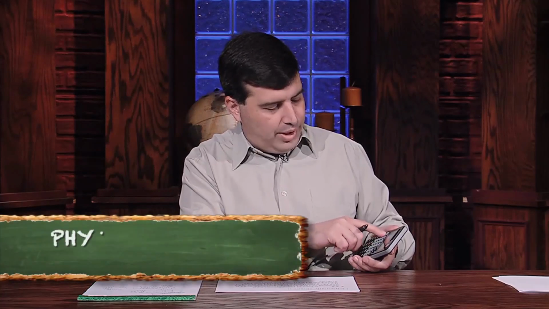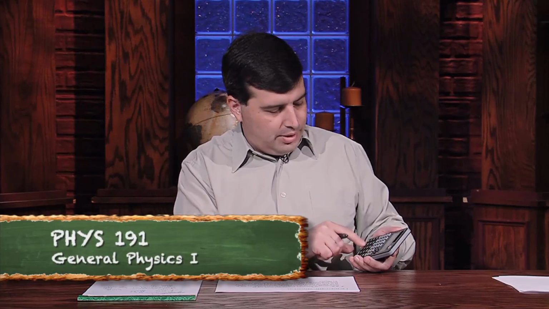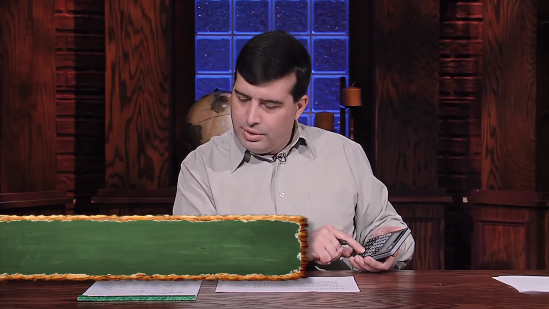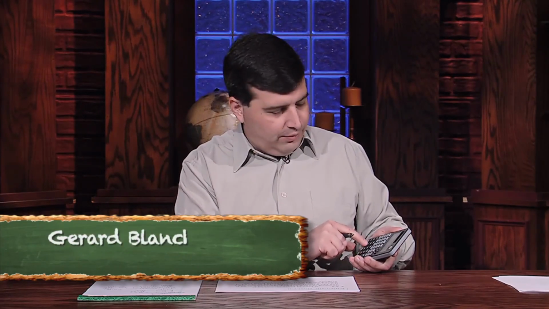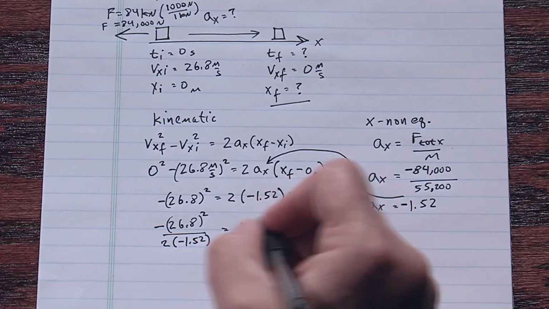Negative 26.8 squared divided by 2 times negative 1.52 equals 236 meters.